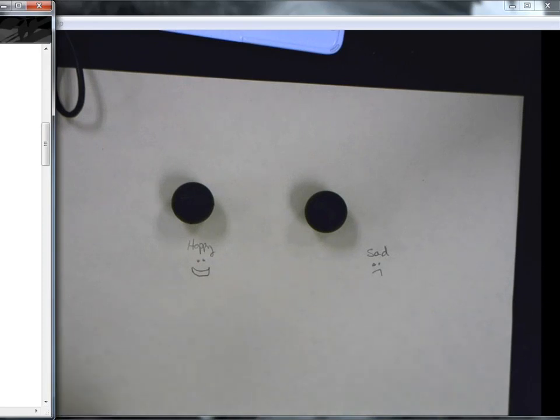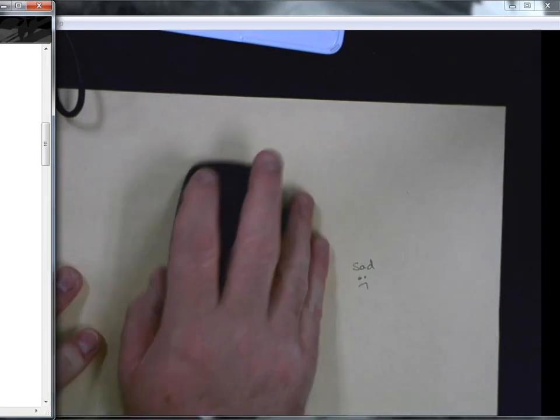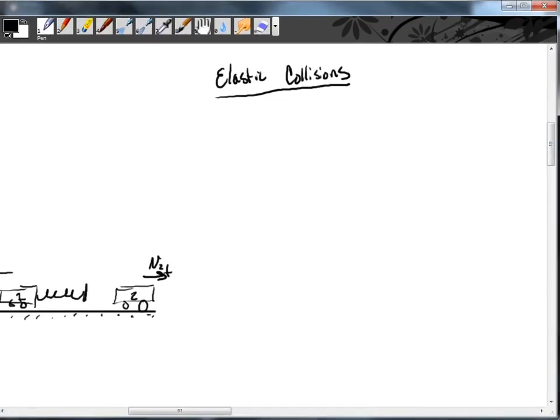Now, today we're talking about perfectly elastic collisions, because I need to give you the start for this before we start talking of our inelastics. So, here are elastic collisions, and we have two conditions for an elastic collision.